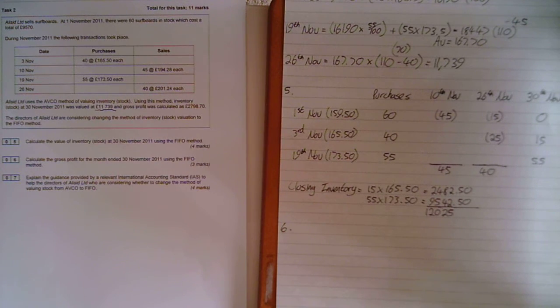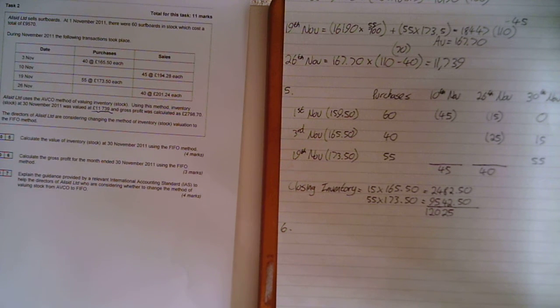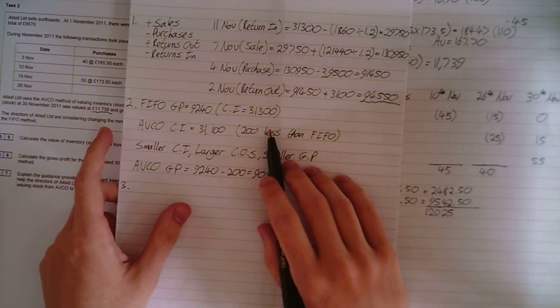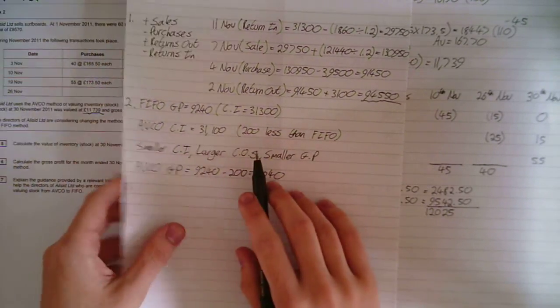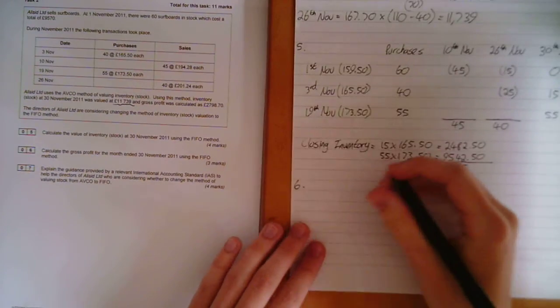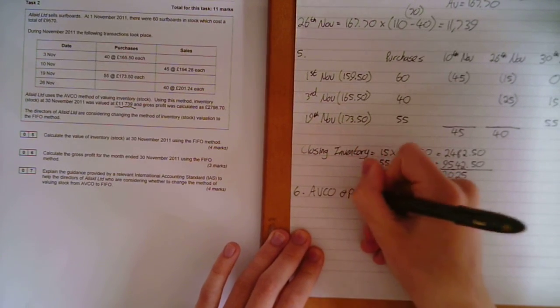So part 6. It's another just calculate the gross profit really. Calculate the gross profit for the month ending the 30th of November 2011 using the FIFO method. So it's sort of, in a sense, the same as what we've done here. We're given the gross profit and the closing inventory for one, but only the closing inventory for another. So you just got to compare them in a sense. So we've got the AVCO GP.